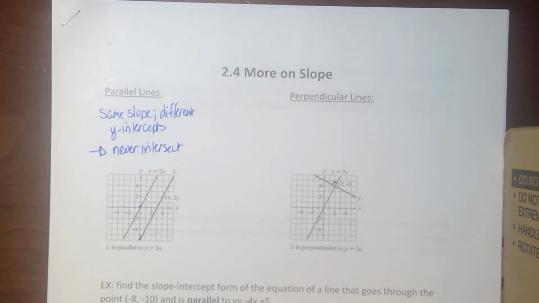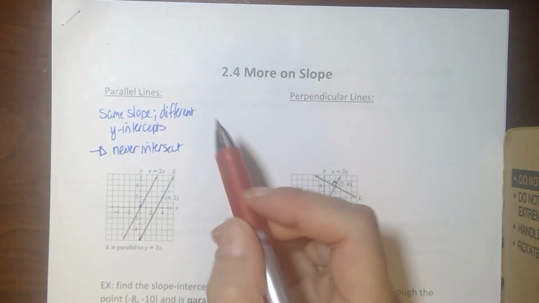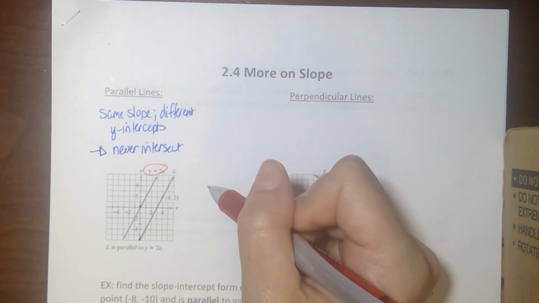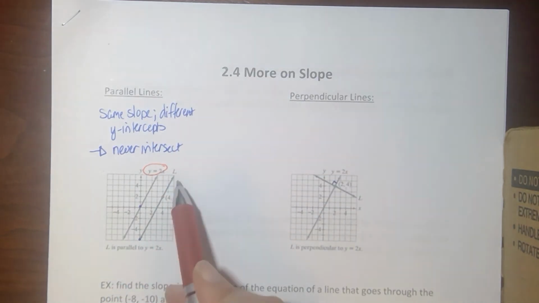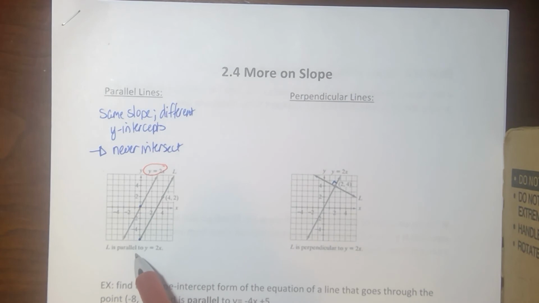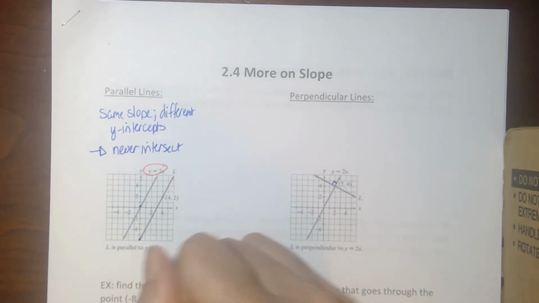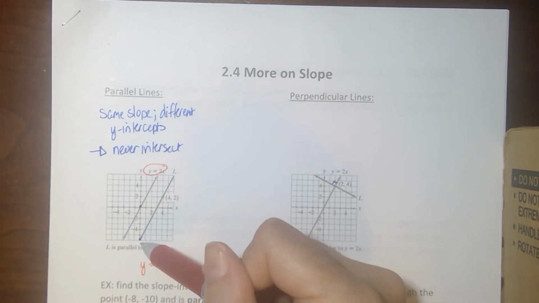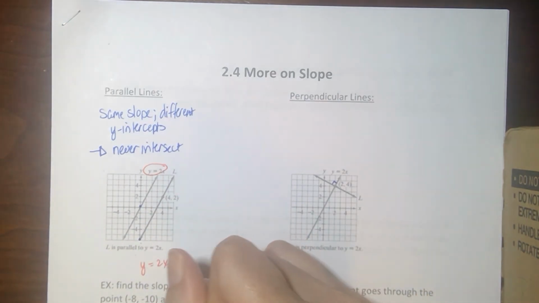When I look at the two lines that I'm given, I see that I'm told that this line is y equals 2x. This line L is parallel to that line. It would be y equals 2x, and then the y-intercept is down here at -6.